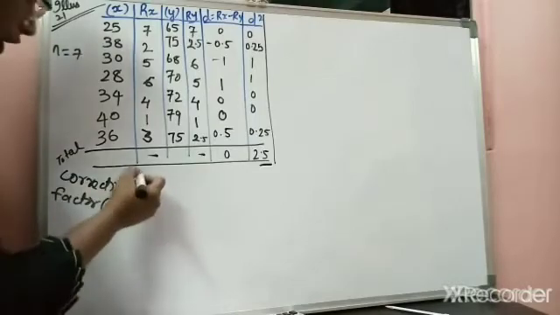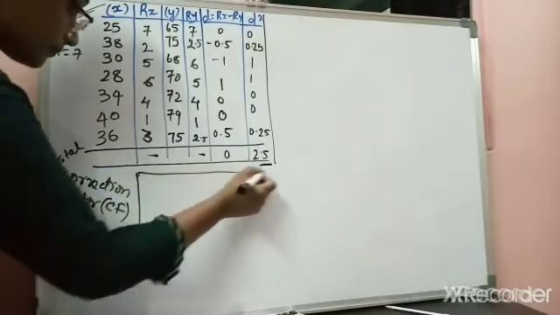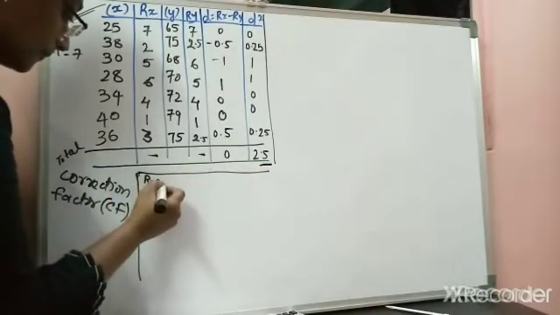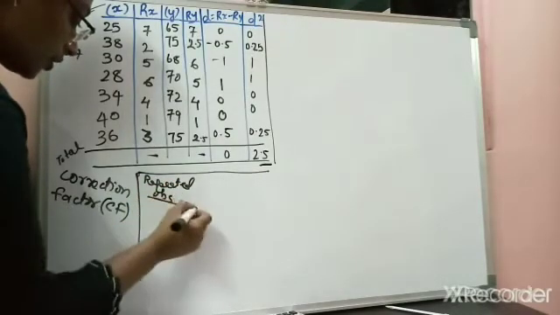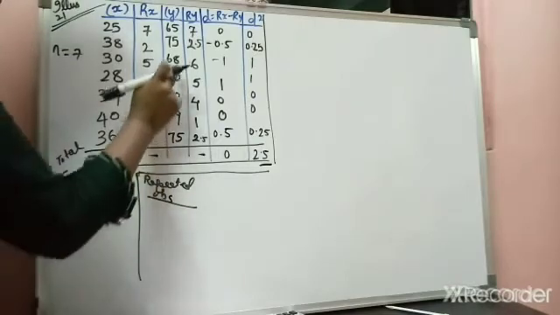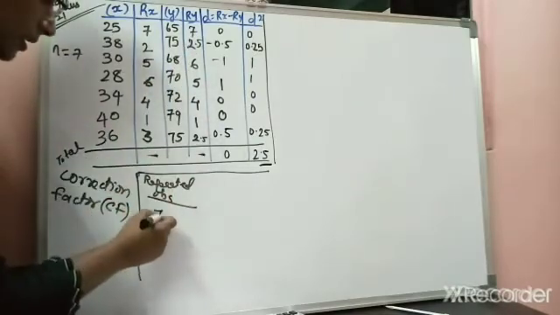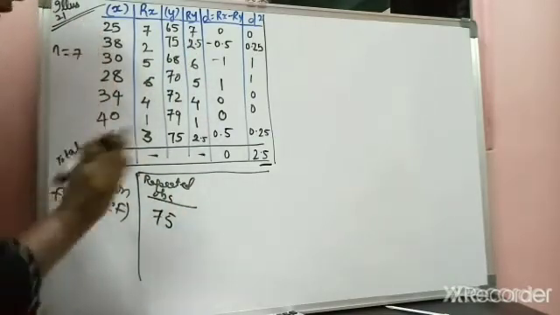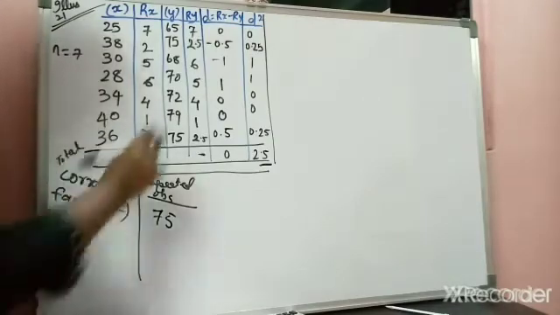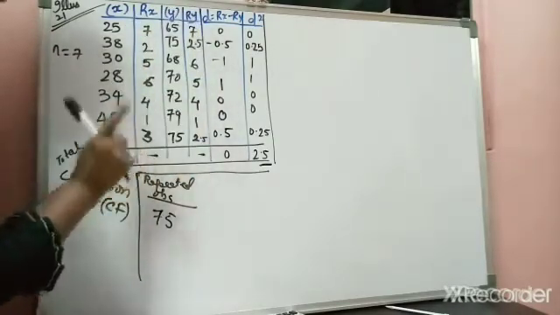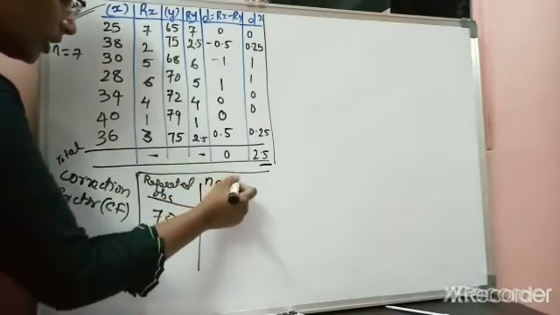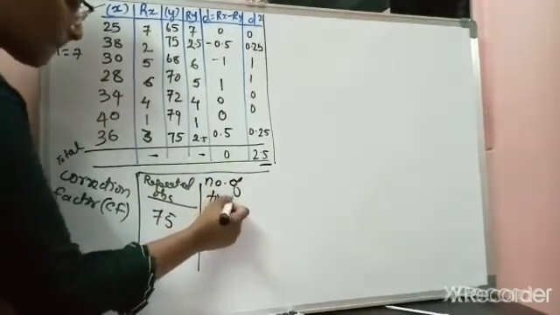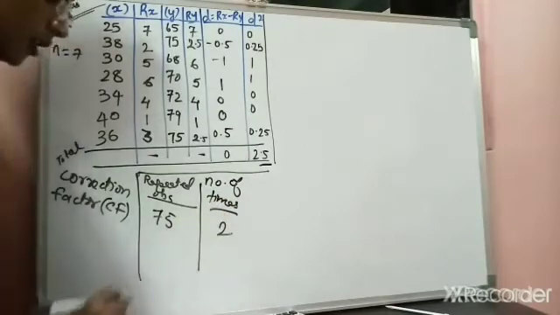So you have to make a column like this: repeated observation. Which observation has been repeated? In the Y variable it is 75. In the X variable we don't have any repeated value. Only in the Y variable we have the repeated value. How many times has it been repeated? Number of times: it has been repeated 2 times.